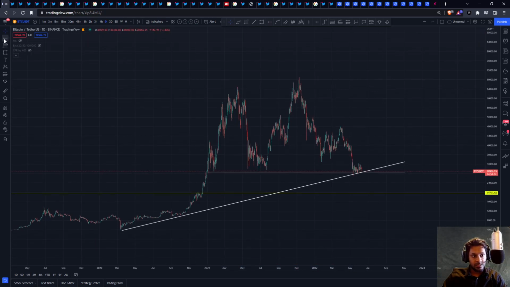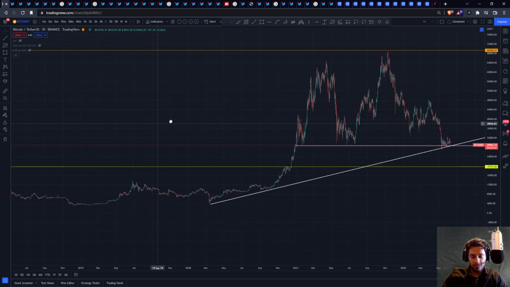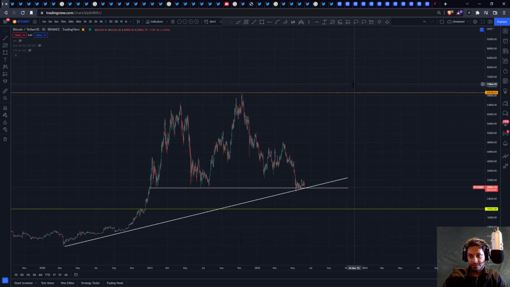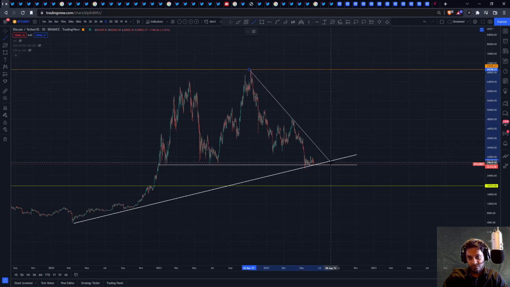And then we have, of course, the all-time high, which I'm going to draw like this. And then we're just bouncing between these two lines. So we have a big support line over here and a big resistance line over here. What I can also draw is this line, of course.